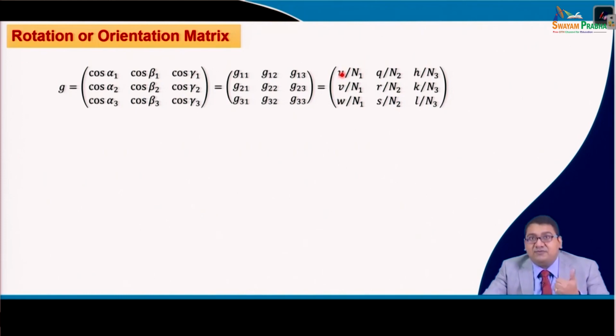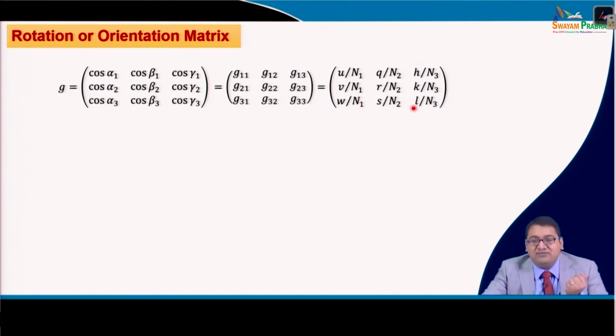So, if the Miller indices of RD are U, V and W, then G11 is U divided by the square root of U square plus V square plus W square, which is given by N1. Like that, it is for G21 and for G31.